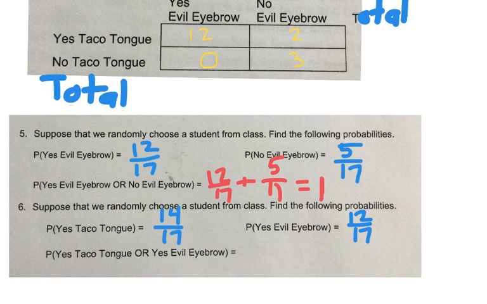Okay, so now, looking at this or, what's the probability they say yes to taco tongue? Where's the people that said yes to taco tongue? They are here. Everybody in this circle said yes to taco tongue. Even these 12 here said yes to taco tongue. Now, where's the people that say yes to evil eyebrow?